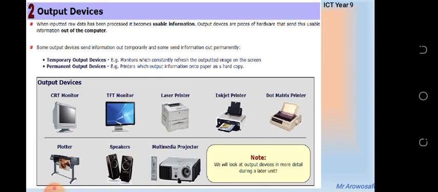Now we have different examples of output devices here on the screen. You can see the diagram there. You can see all the pictures there. The first one is CRT monitor, which is cathode tube monitor, and the second one is TFT monitor.